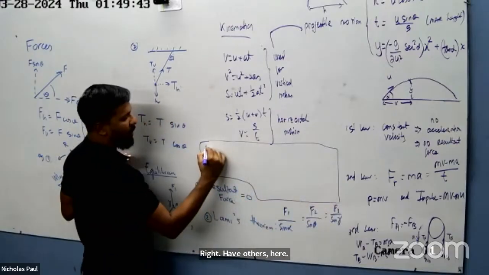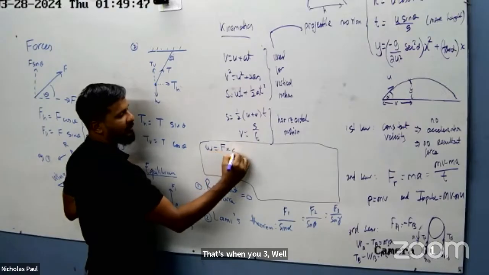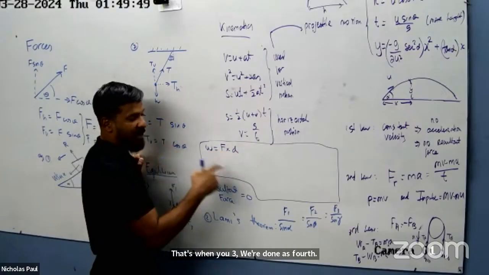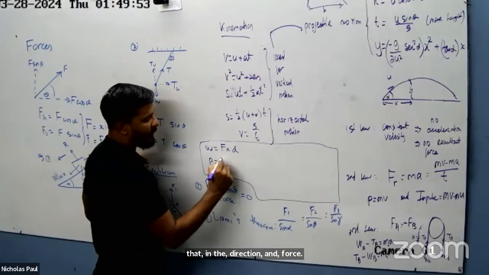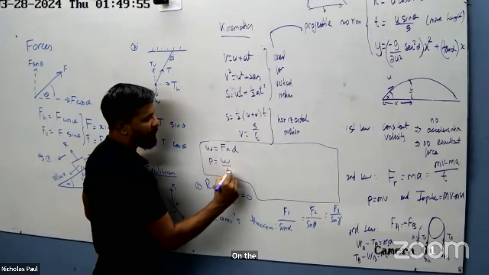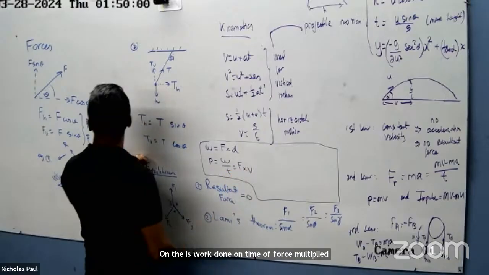Last thing we need to remember is work. Work done is force by distance moved in the direction of the force. And the power is work done over time, or force multiplied by velocity.